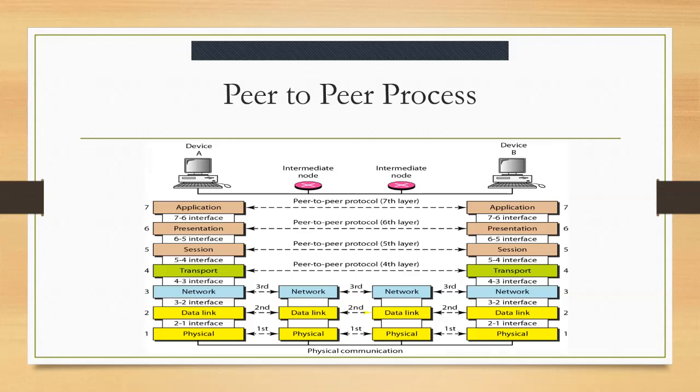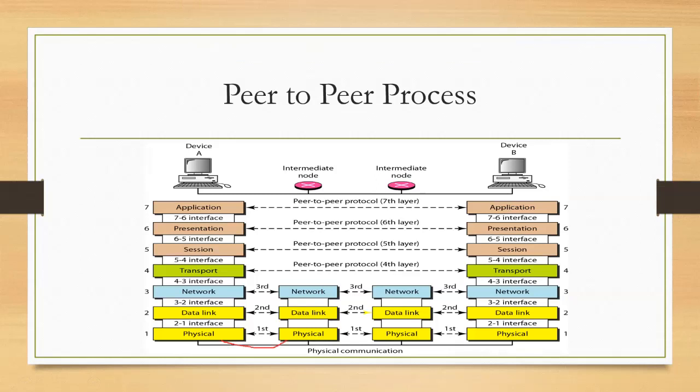In this diagram, you can observe that up to the network layer, the data reaches at every hop. And from the transport layer, it directly communicates with the corresponding layer of the final destination.